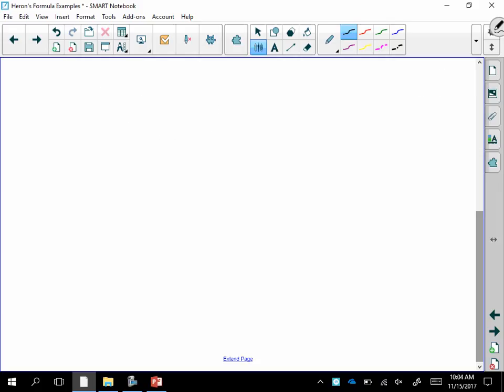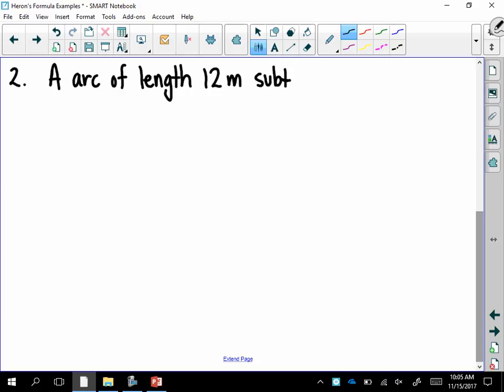All right, let's try this one. Let's say an arc of length 12 meters subtends an angle of 110 degrees.